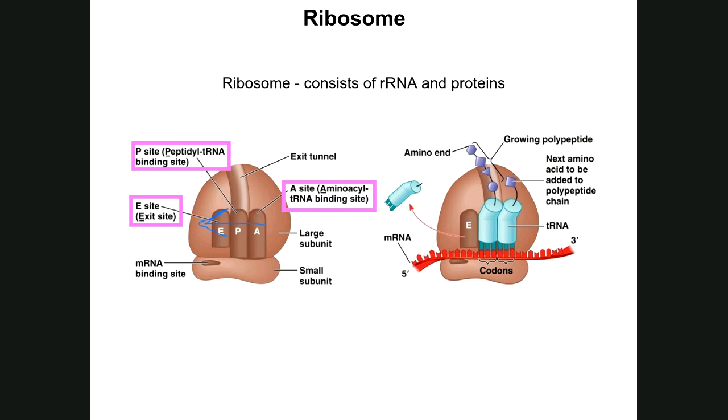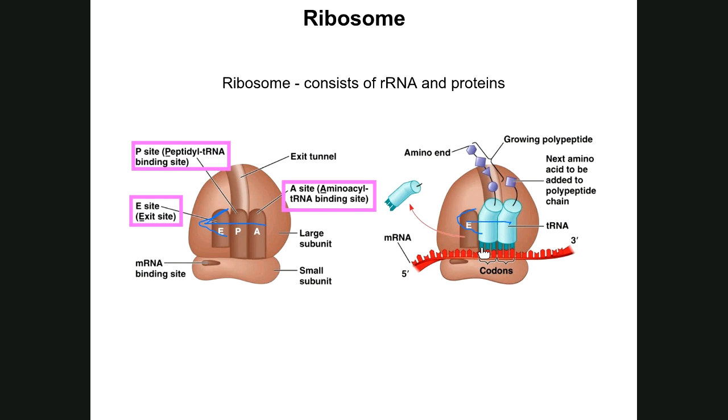And what is moving through these three sites? It's tRNA. So it's these tRNAs that are moving through these sites going in this direction. A tRNA that's transferring an amino acid to the ribosome will enter the A site. Eventually that tRNA will move into the P site, where it will have the growing polypeptide attached to it while it's in the P site.